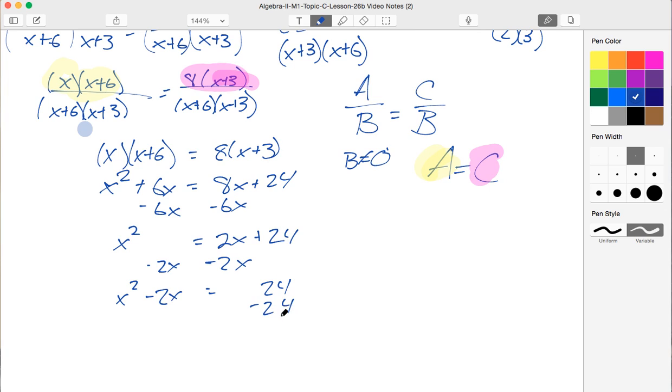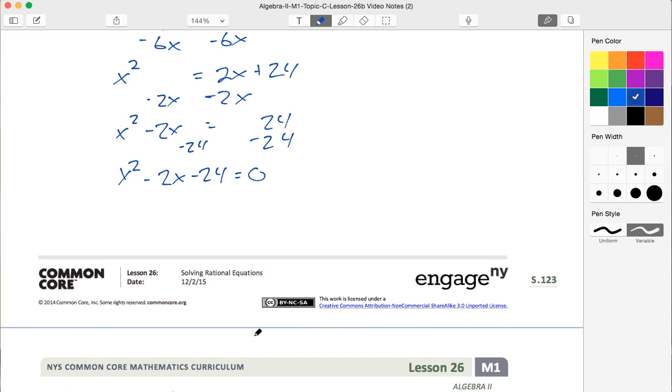Oh wait, we know exactly how to do that. x squared minus 2x minus 24 equals 0. I want you to guess, why are we solving by setting everything equal to 0? We're going to use the zero product property.